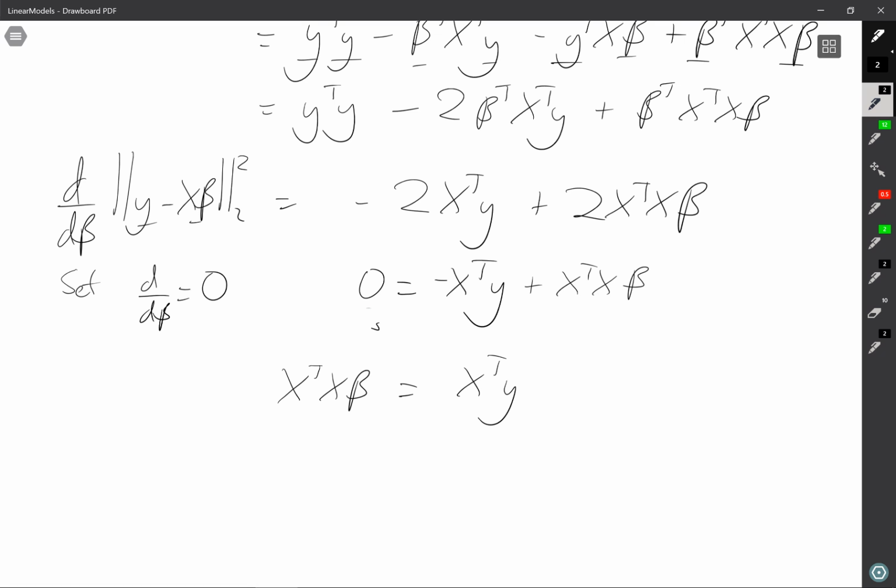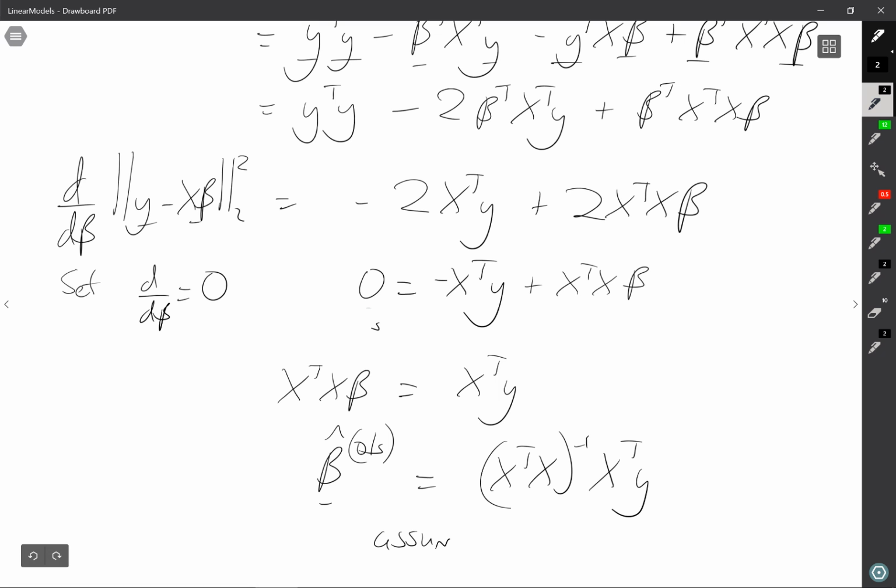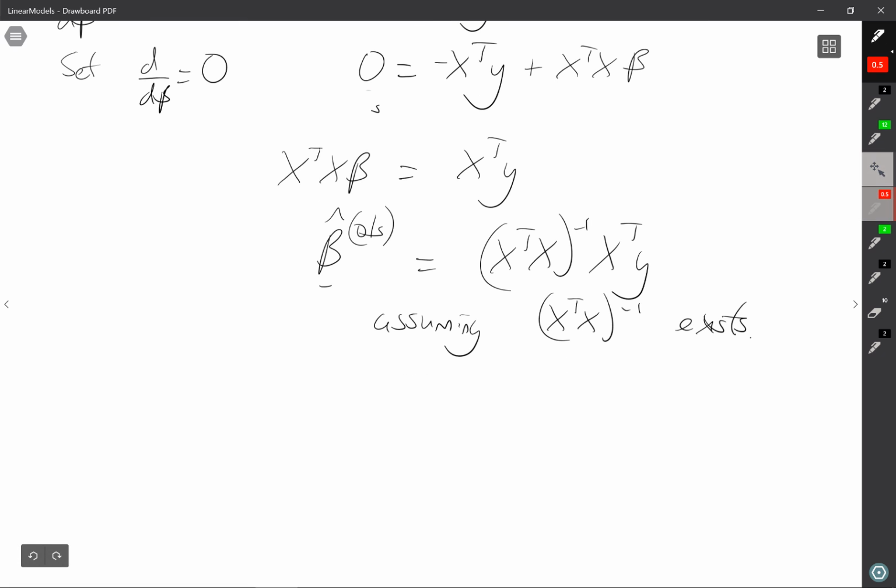And if the inverse of X transpose X exists, we can write the solution as the ordinary least squares estimator, beta hat OLS, equals (X transpose X) inverse X transpose y. That's assuming the inverse exists, and we'll talk later about what to do if it doesn't. This is the least squares estimator of beta, which you'll probably have seen tens of times in previous modules, the standard way of fitting linear models.